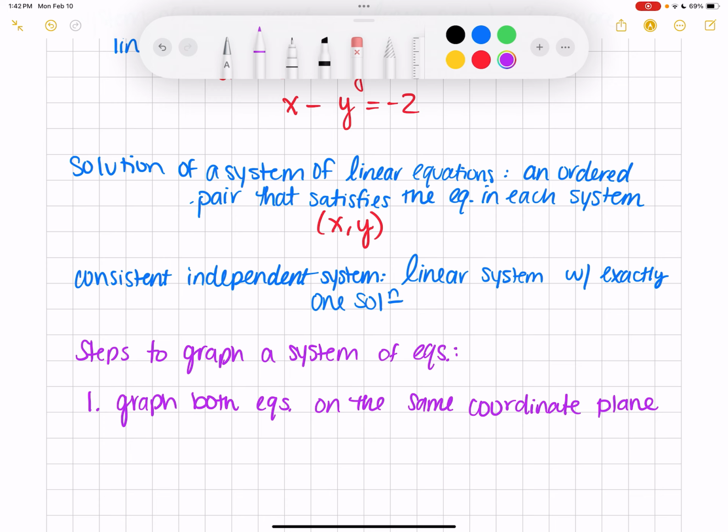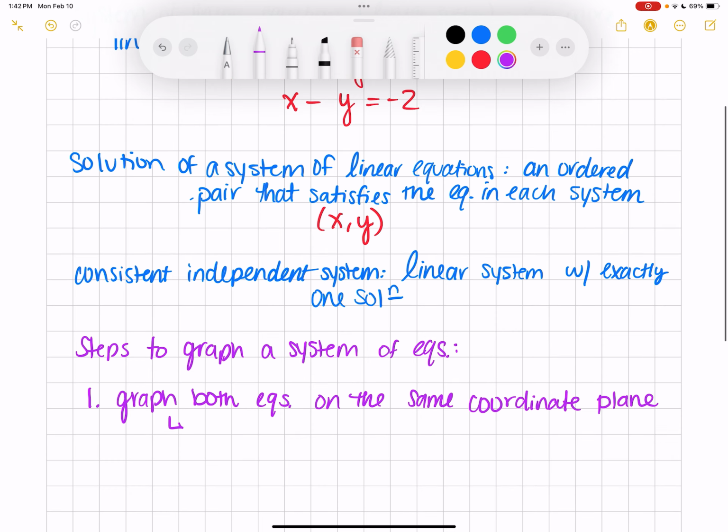Some of them you're going to have to manipulate to get y by itself. So I'm just going to make a note here. Get y by itself before graphing, aka slope-intercept form.